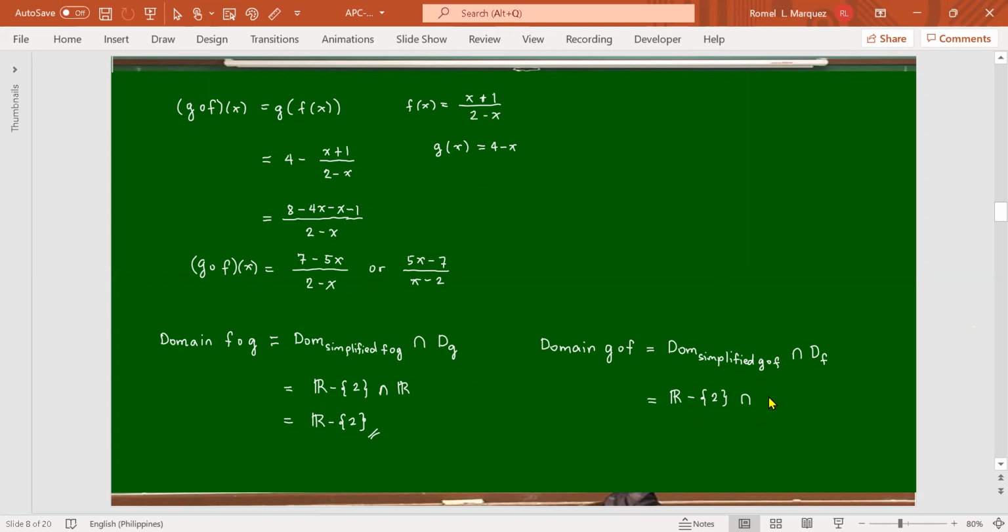What is the domain of the f? Set of all real numbers except 2 also, right? Am I correct, guys? Yes po. So they intersect at the same, so itself, no? So this is also the domain. Okay, that's it. Any question with that?